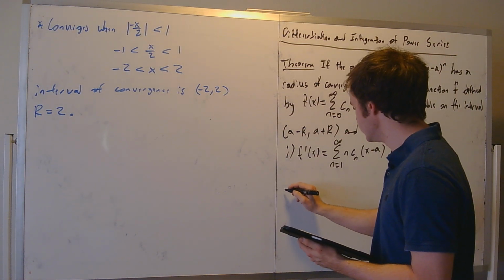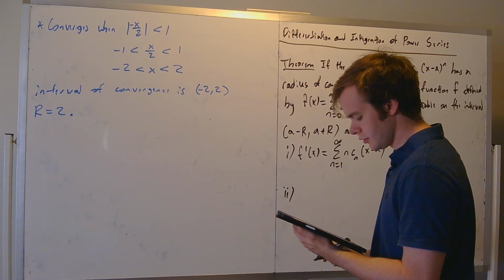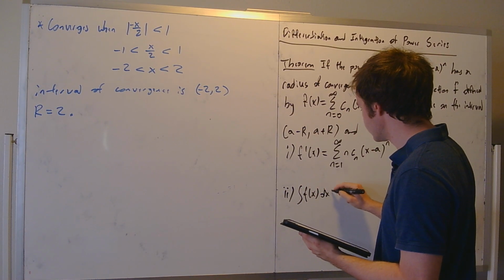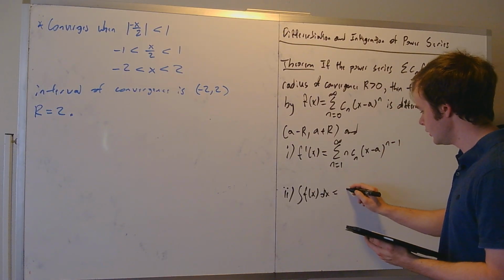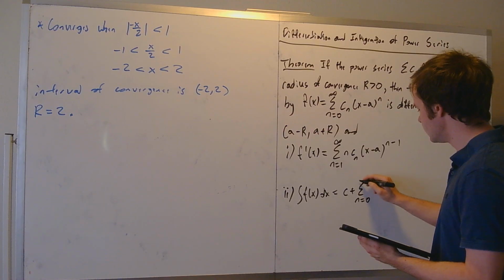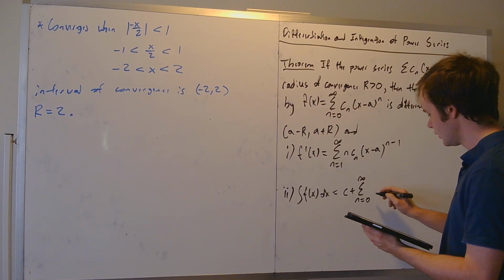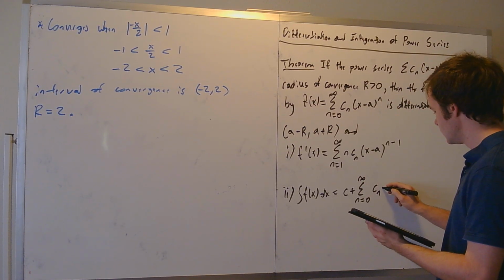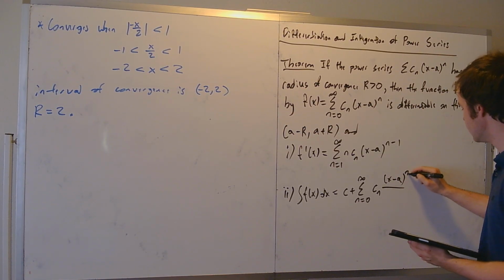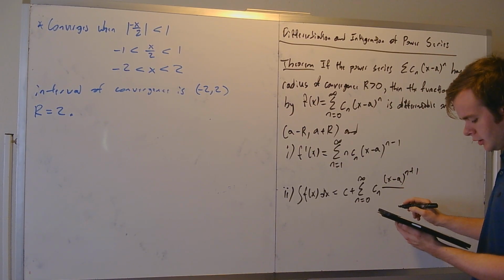And part 2 is going to say that the integral of f of x dx equals c plus the sum from n equals 0 to infinity of Cn times x minus a to the power of n plus 1 over n plus 1.